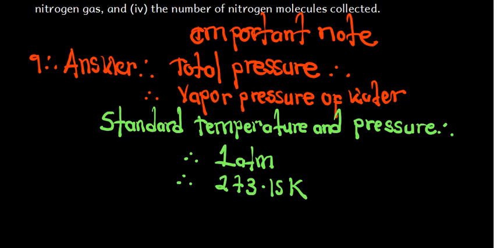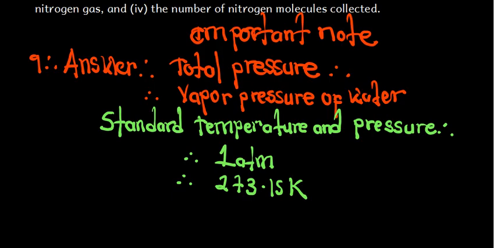So I want to be very brief as I explain this question, because for the first part of the question we have examined that for you to get the volume of the dry gas, you need first of all to find out what is the total pressure residing at that particular point where the dry gas is. So the total pressure minus the vapor pressure of water, then you're able to get the volume of the dry gas.